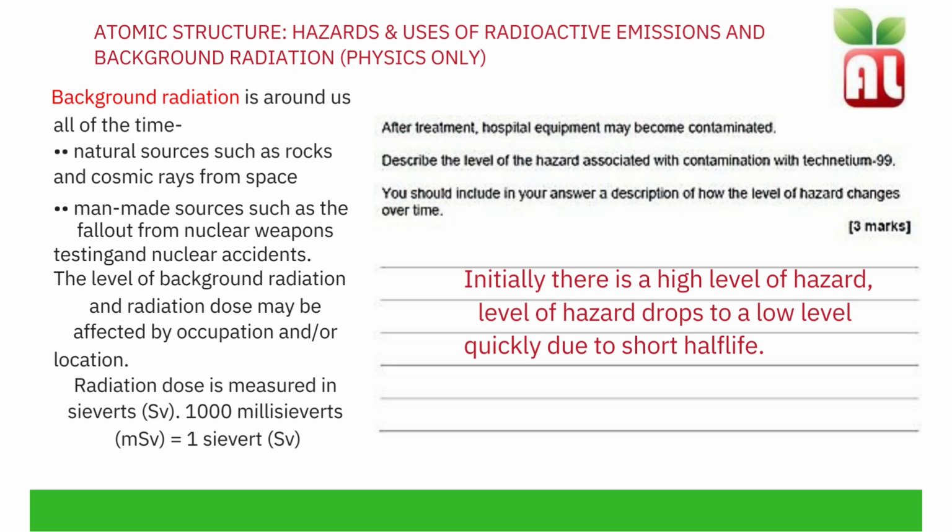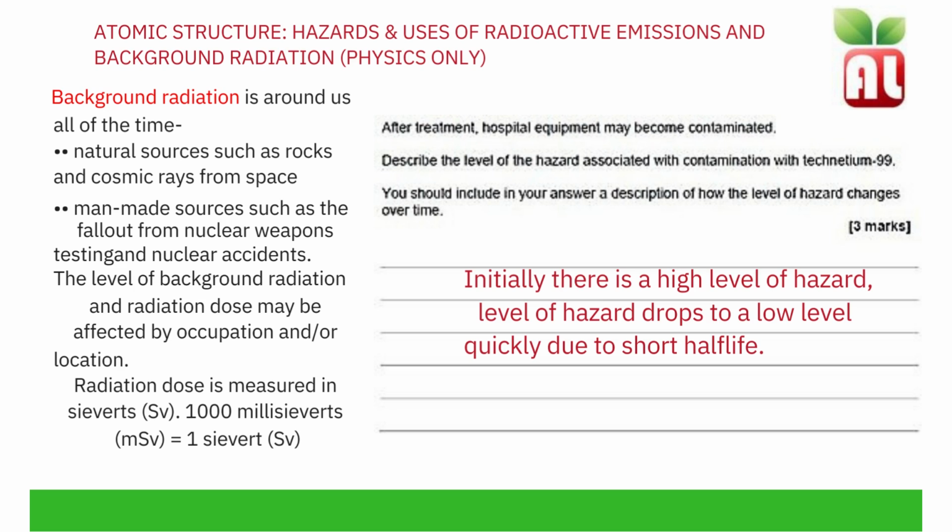Hazards and uses of radioactive emissions and background radiation. Background radiation is around us all of the time. Natural sources such as rocks and cosmic rays from space are a source of background radiation, as are man-made sources such as the fallout from nuclear weapons testing and nuclear accidents.